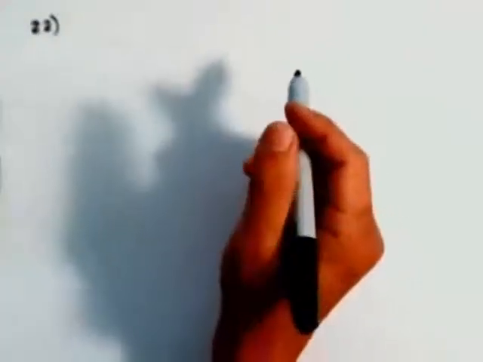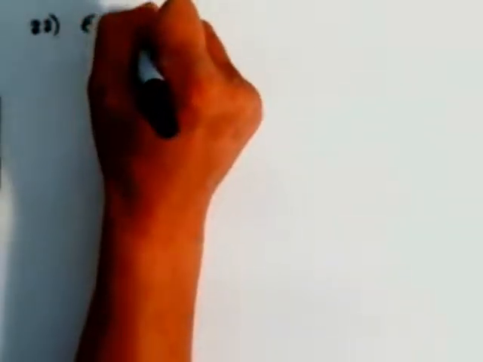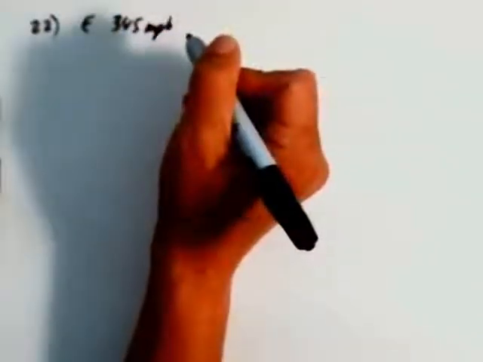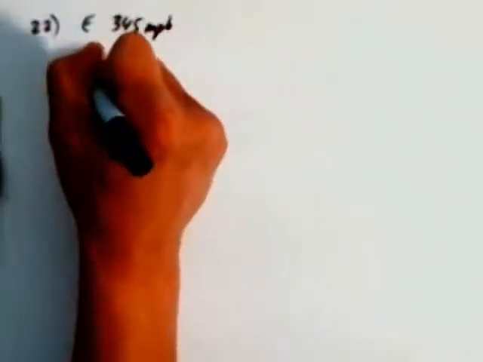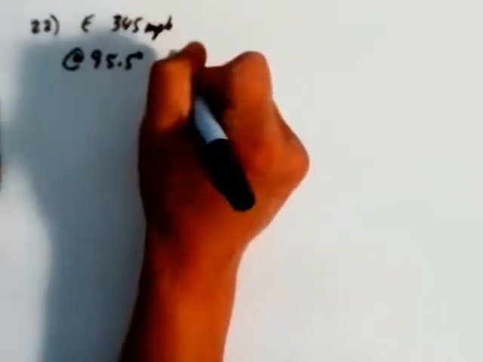I'm not actually going to do this problem for you, but you should know how to do some of these problems. So it's due east with, let me just write this down. It's going east at 345 miles per hour, and its true course is at 95.5 degrees from due north.